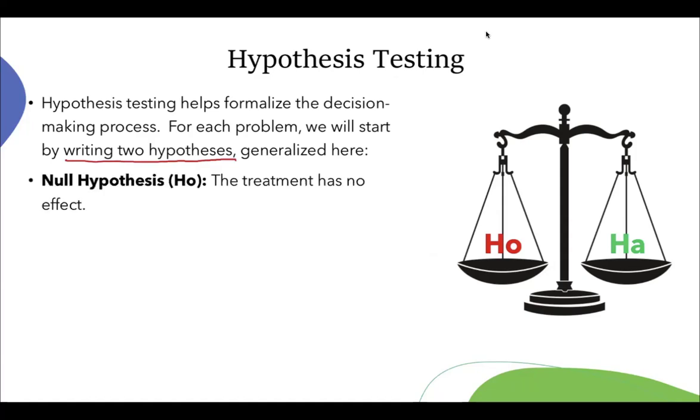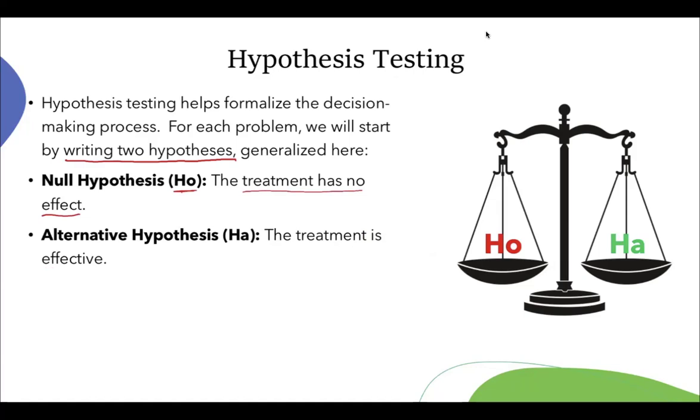But the two hypotheses are the null hypothesis, which we symbolize with H0, and it indicates that the treatment has no effect. So in the previous example, where we were testing recovery after a post-operative intervention, the treatment has no effect would indicate that the post-operative intervention doesn't do anything.